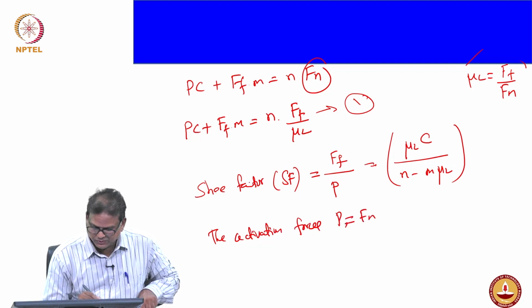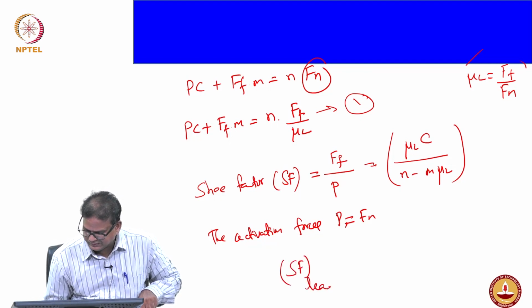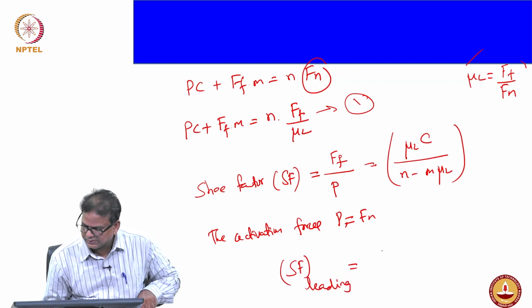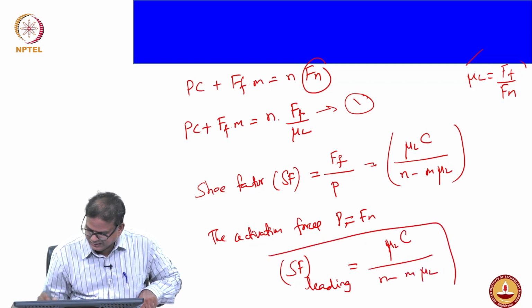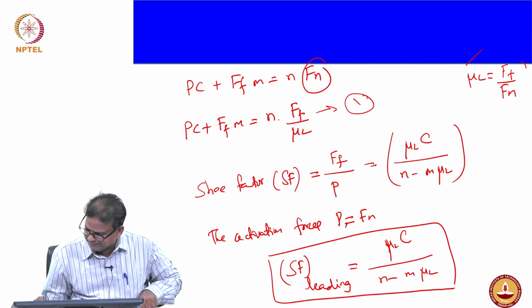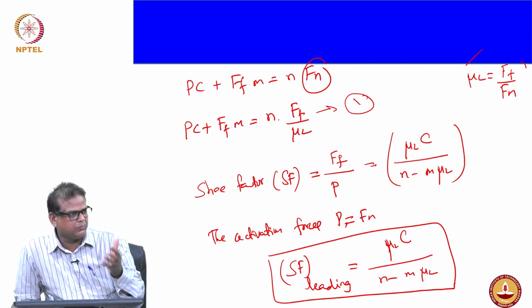If you do that, you would expect the shoe factor SF for the leading shoe to be mu L C by n minus m into mu L. This is the shoe factor for leading.